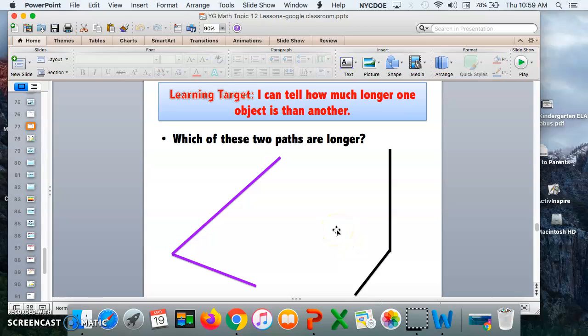Now, let's look at these two paths. Again, you're going to take a ruler, and we're going to first look at this first path, which is the purple path. We're going to measure this first part from here to here.